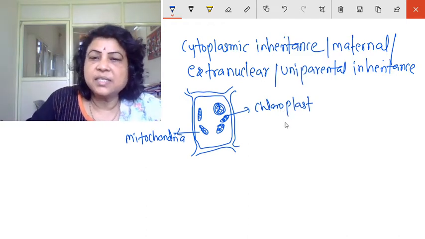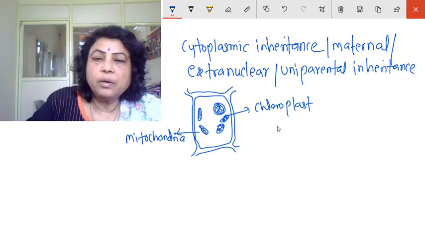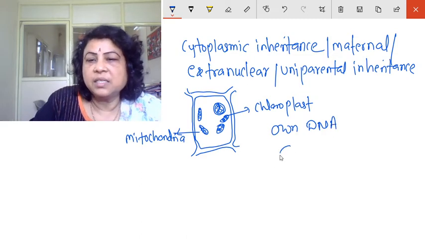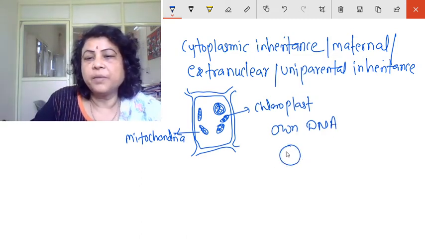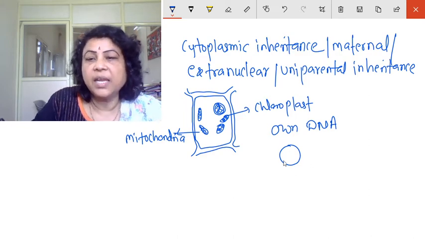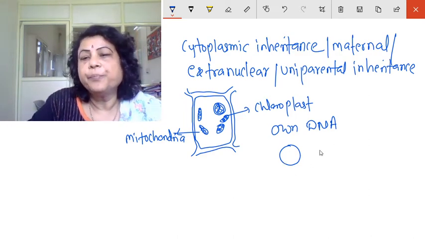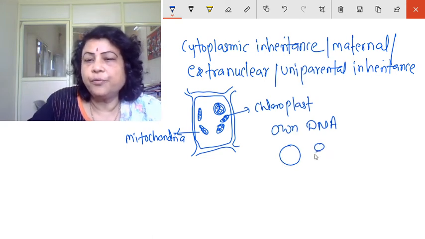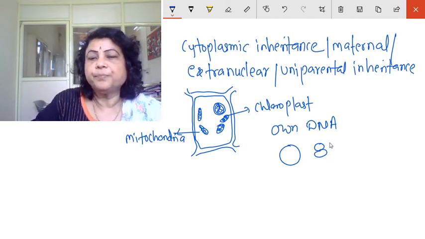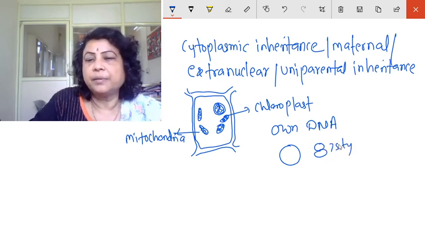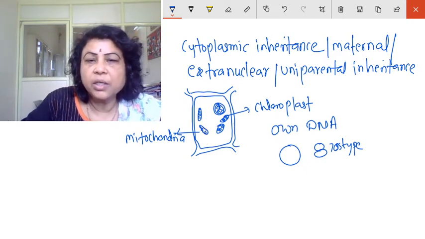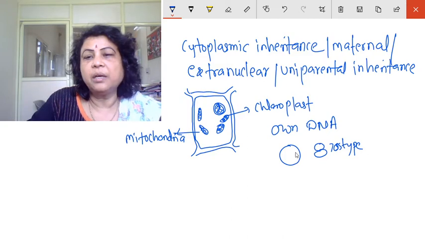These mitochondria and chloroplast are cell organelles that have their own DNA, and their DNA is circular, ring-like, naked, and primitive, like a plasmid. And the second thing, there is the presence of 70S ribosomes. So these cell organelles, mitochondria and chloroplast, have their own DNA.